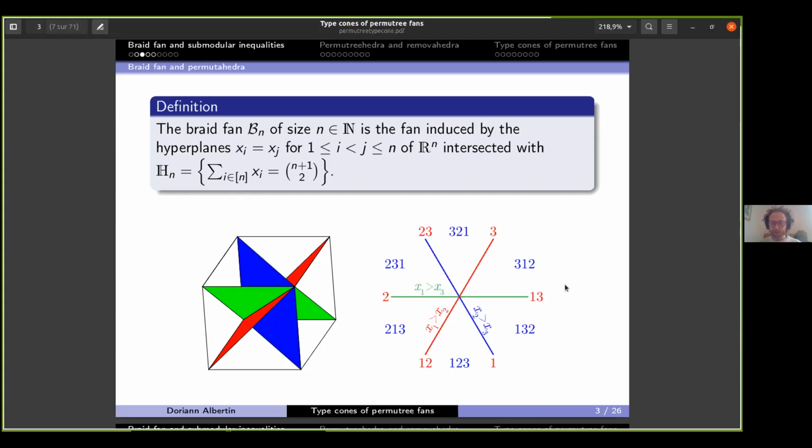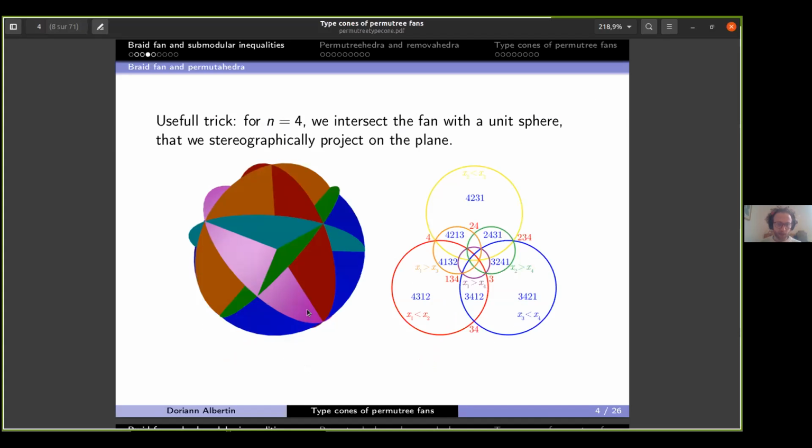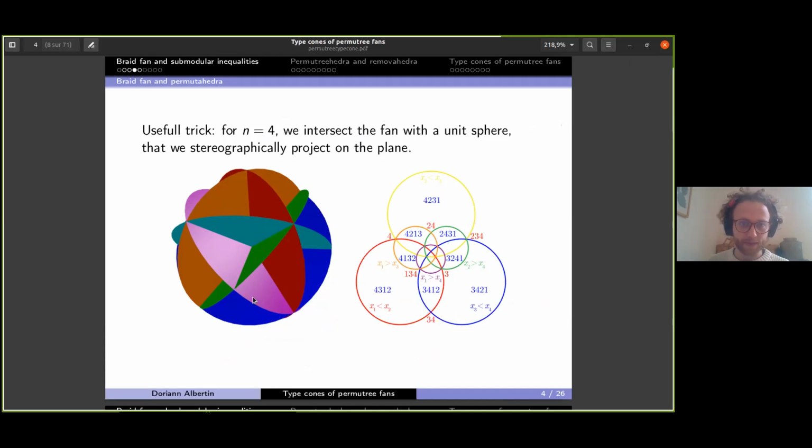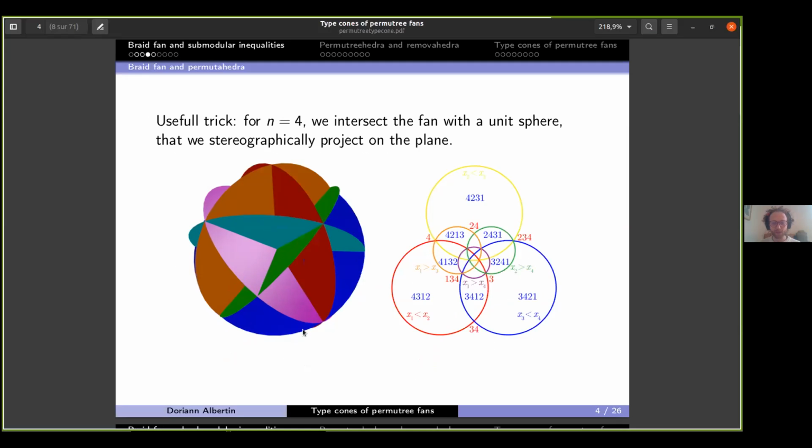Now we're going to want to work on some bigger examples than n equal to 3, so I just use one little trick. This is a braid fan for n equal to 4, and this is quite complicated to look at, to draw pictures or to have intuition. So what we do is we intersect this braid fan with the unit sphere and then stereographically project it onto the plane.